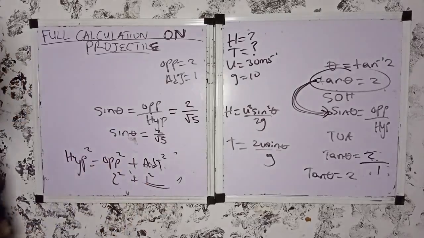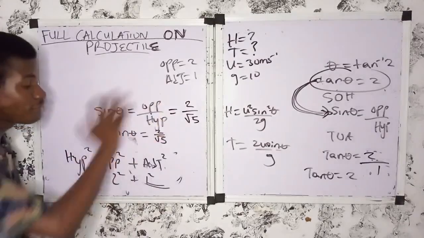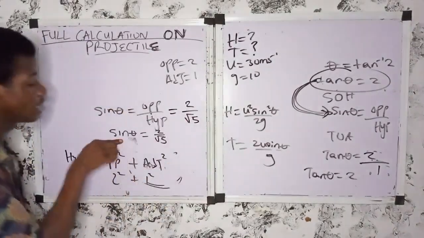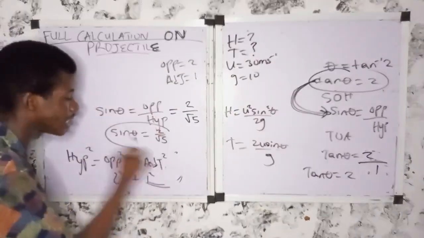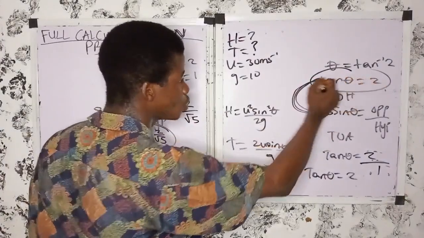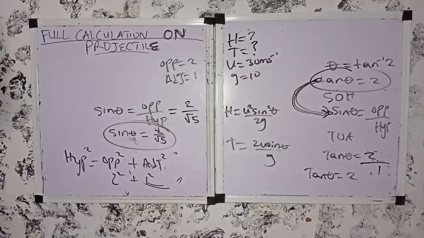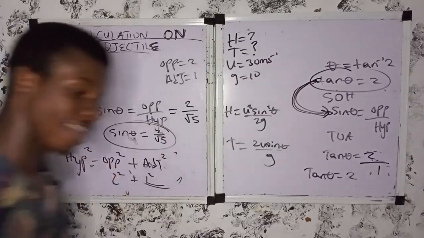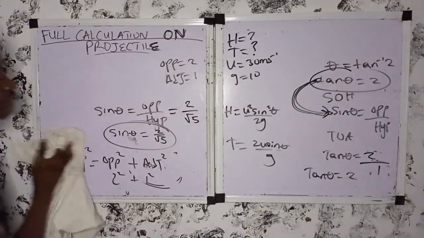We find out that the hypotenuse is root 5. So sin theta is equal to 2 over root 5. Okay, so we have converted from tan theta equals 2 to sin theta equals 2 over root 5. Oh my God, it's not easy.